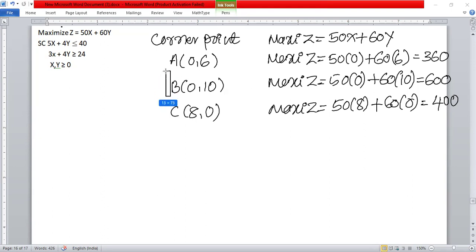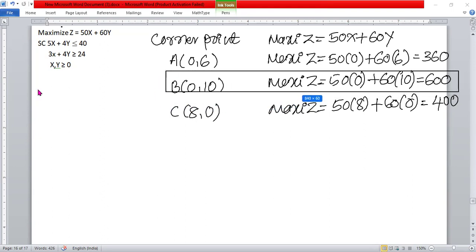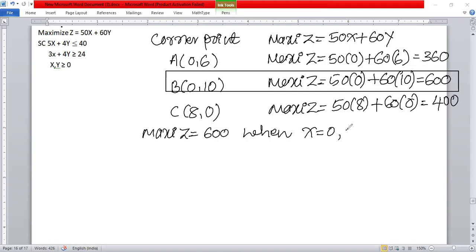So maximize is nothing but 600 is the answer. So finally, maximize Z is equal to 600, when x is equal to 0 and y is equal to 10.